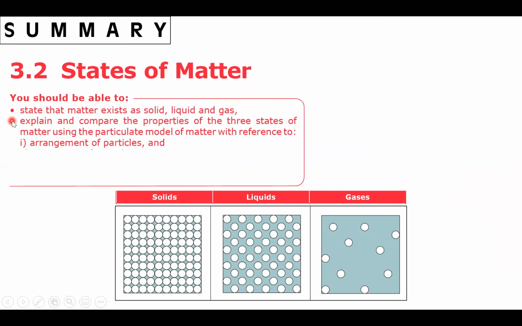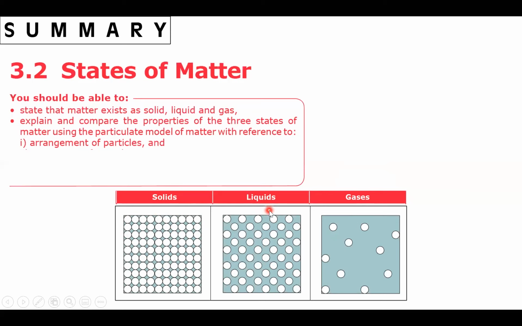And you need to be able to compare and explain the properties of the 3 states of matter. So you need to be able to tell how the particles in solids are arranged, how the particles in liquids are arranged, and how the particles in gases are arranged. So the particles in solids, they are arranged in a very orderly manner, karena susun dengan rapi-rapi macam mana tadi, and that has a pattern.